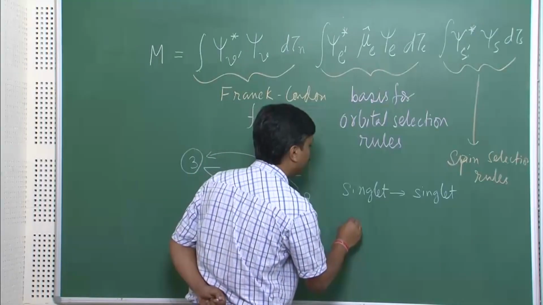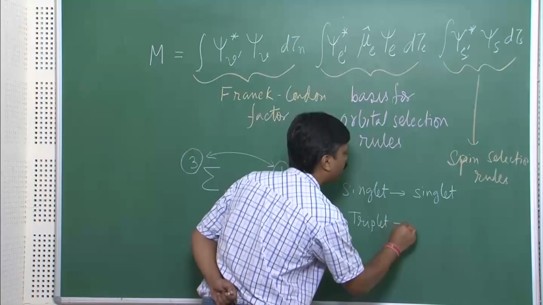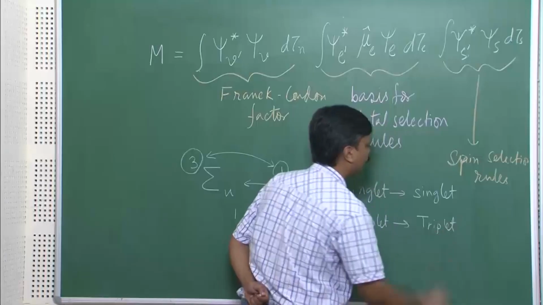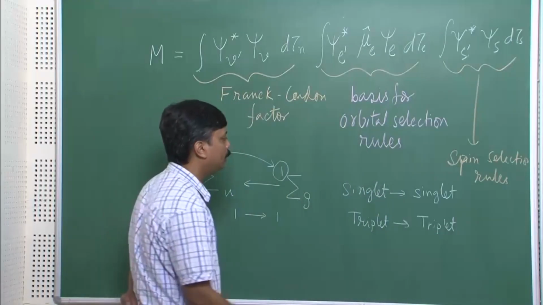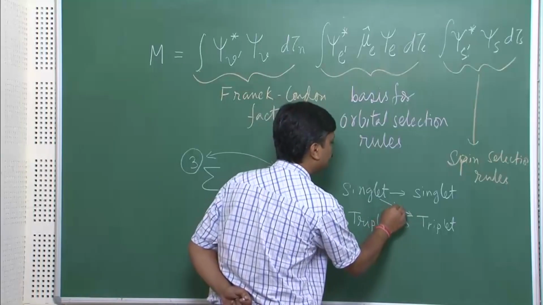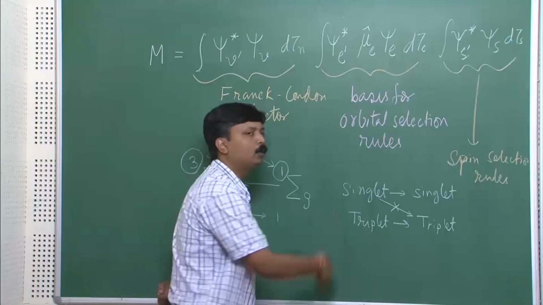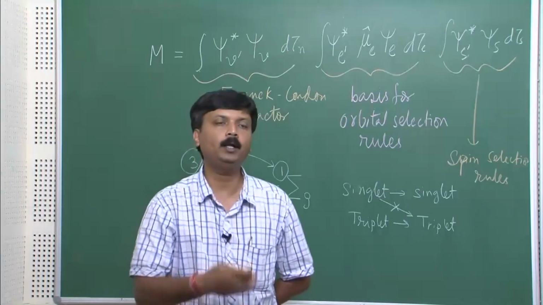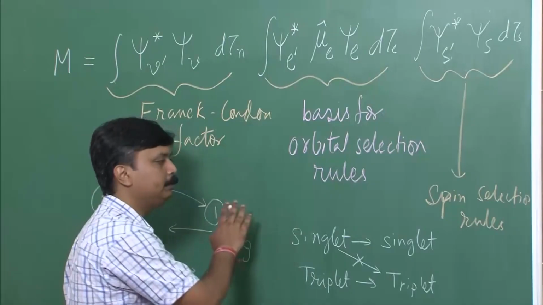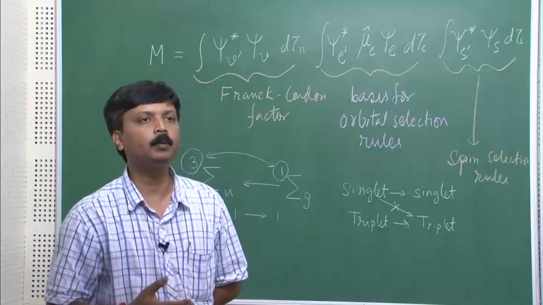Similarly, triplet to triplet is allowed, but singlet to triplet is forbidden, or singlet to quartet is forbidden, while quartet to quartet or singlet to singlet is allowed. So one just has to look at the spin multiplicity, and one can easily figure out whether the transition is spin allowed or not.